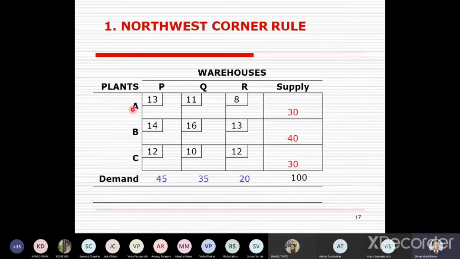We have to check this plant A, whose capacity is 30, and the warehouse accommodation capacity. So the plant is called supply and the warehouse is called demand.